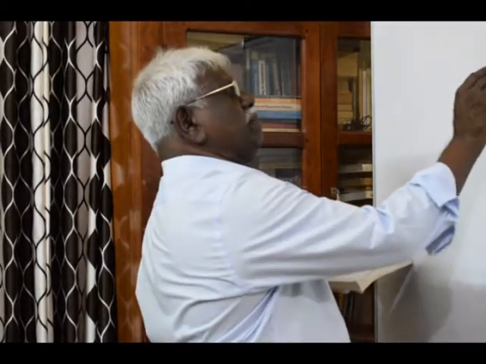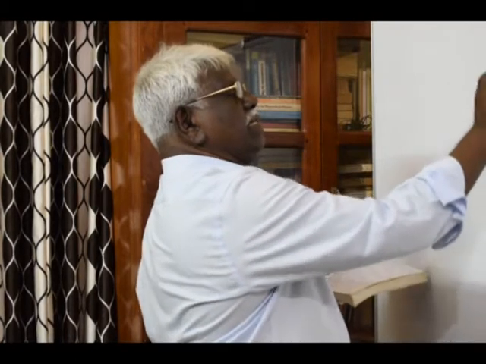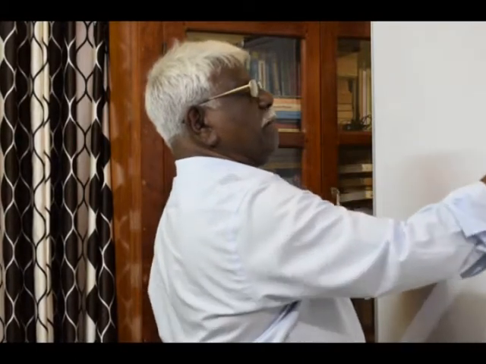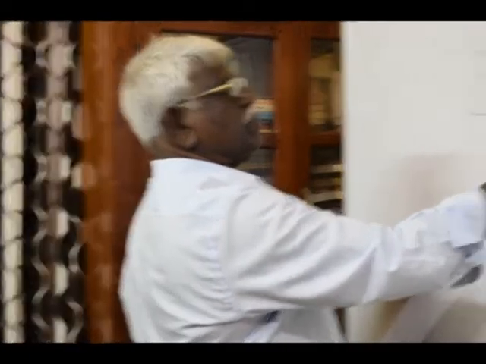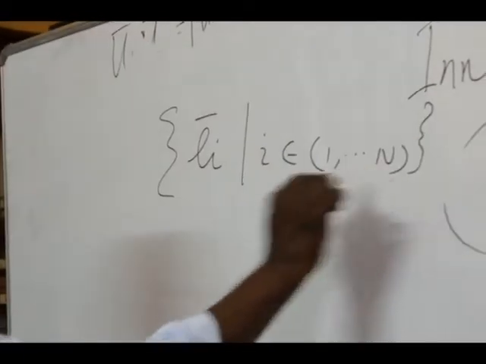Suppose we have an LVS over the real field, and let that vector space be spanned by the basis EI, I belonging to 1 to n.